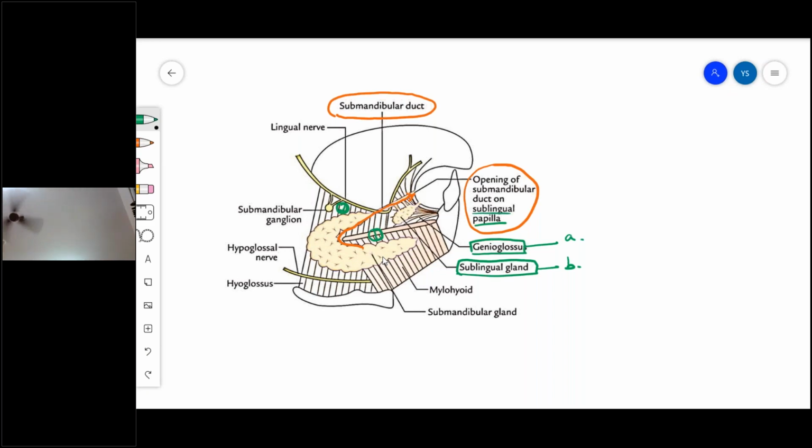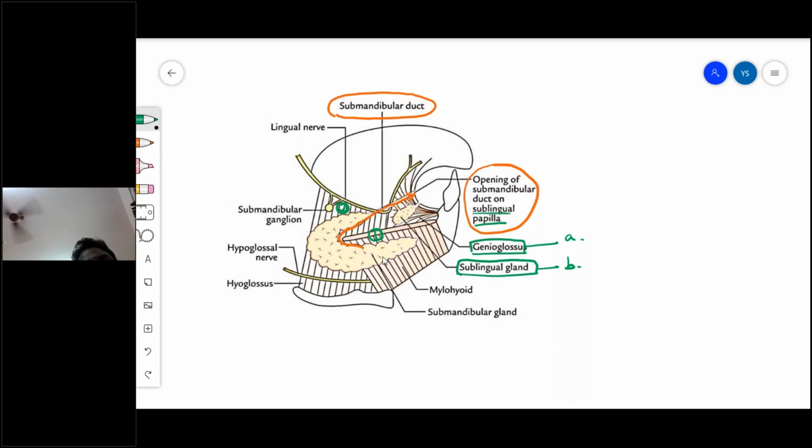So this is about the course and opening of the submandibular duct. Again I'm repeating here. The submandibular duct starts from the superficial part, passes through the deep part, and its course is upward and forwards.